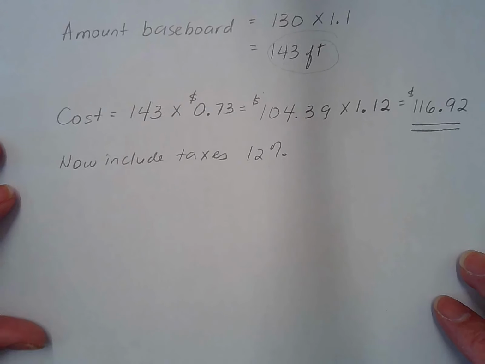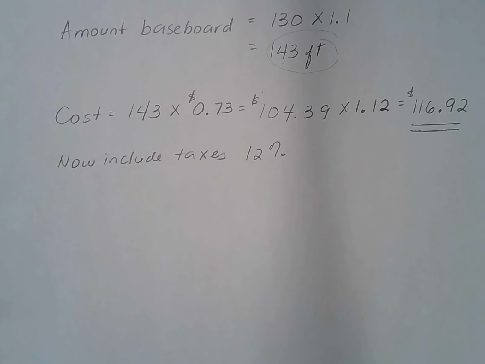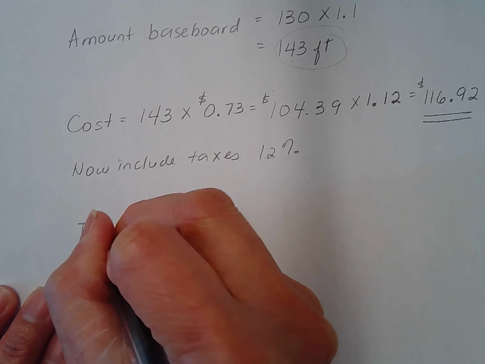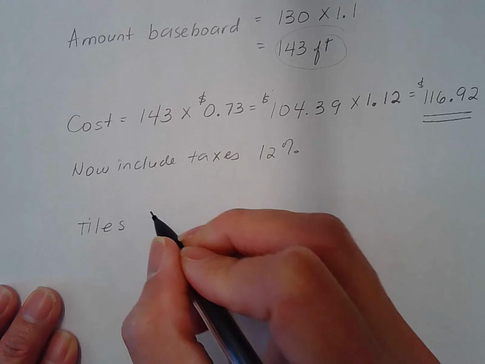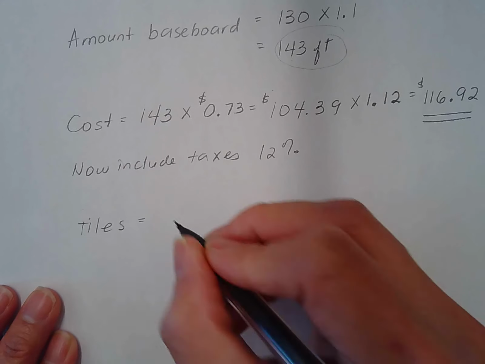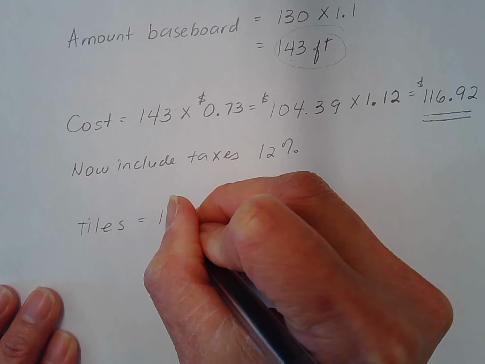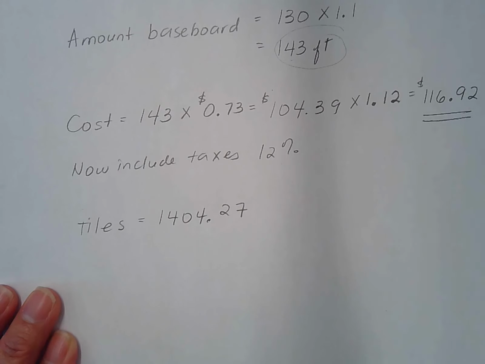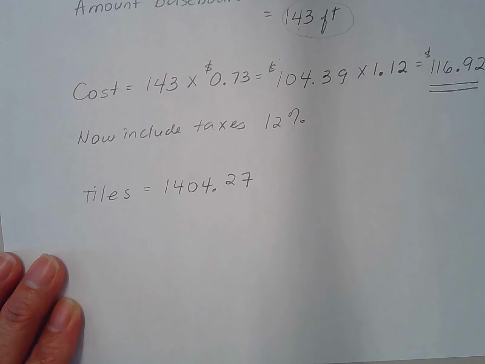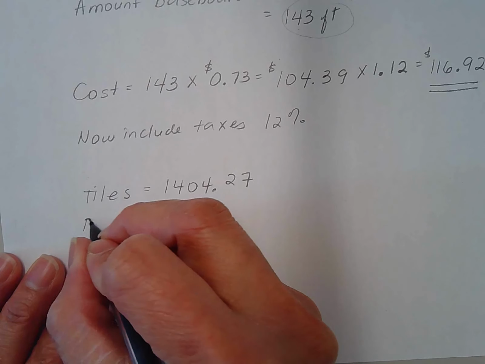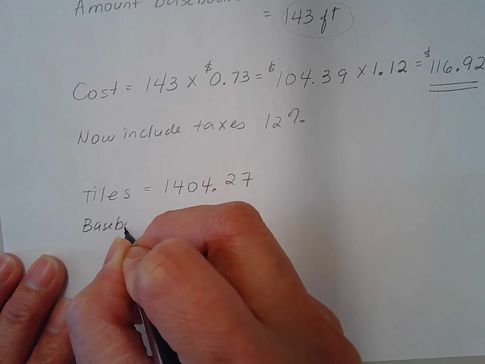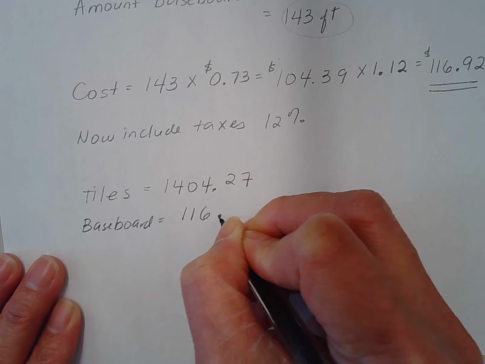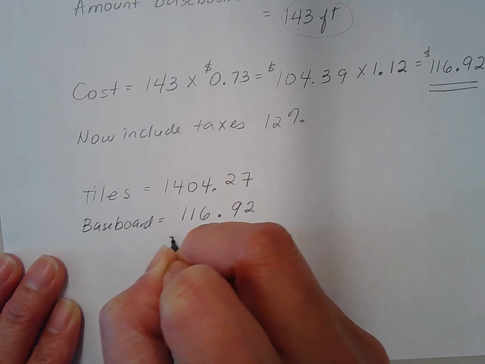Okay, so yesterday the tiles cost, so how much would it cost altogether? Total cost. So the tile yesterday cost us $1,404.27, including the taxes and everything. The baseboard is $116.92.